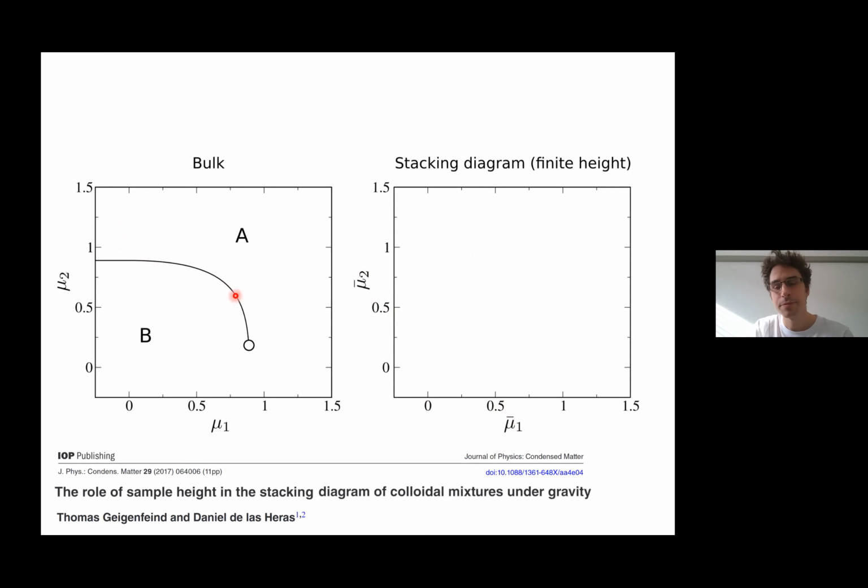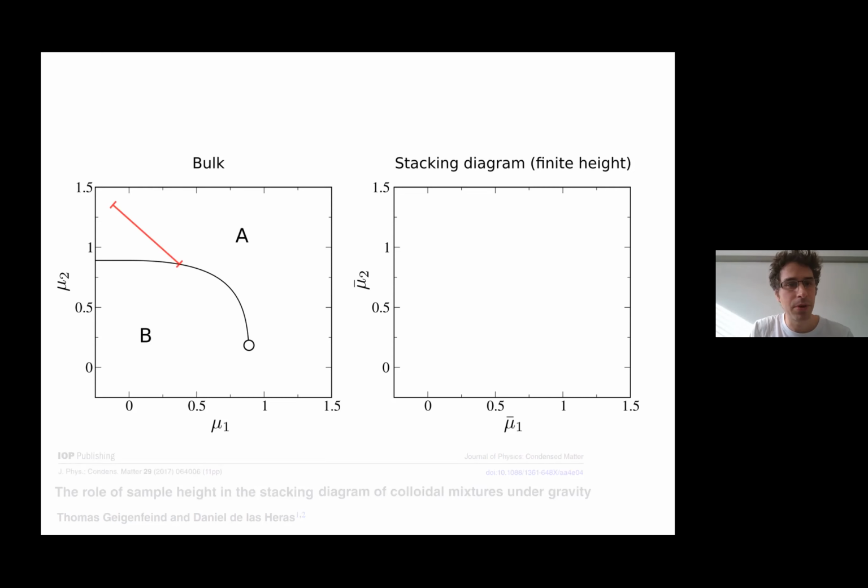Then what I have to do is to look at the paths in bulk that are a boundary between two different stacking sequences. And there are a few of them. For example, the paths that start at a binodal. This path starts at a binodal, and it is a boundary between two stacking sequences, because if I move this path a little bit down, the sequence will change from A to AB.